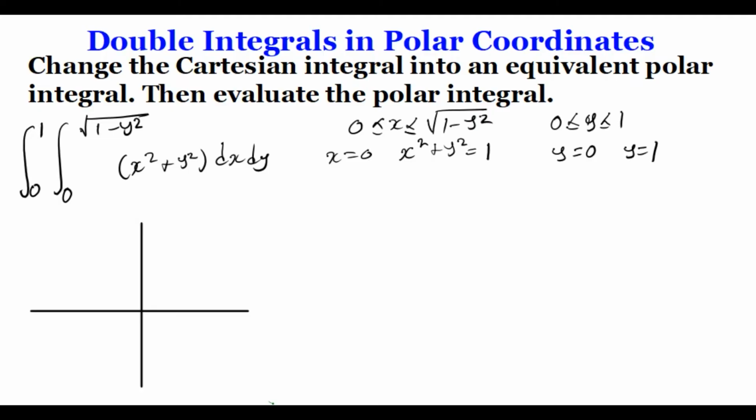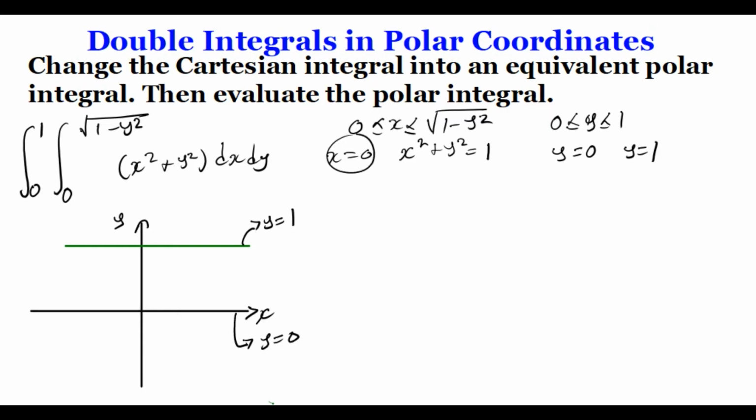Okay, so now let's go ahead and sketch this. So that's the y-axis and that's our x-axis. So we have y is equal to 1 at this point right here. So I can name this as y is equal to 1, and you observe that your x-axis is simply y is equal to 0.